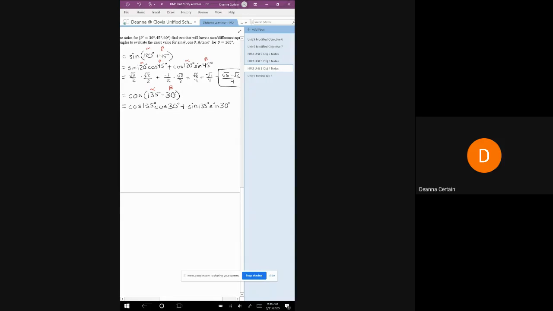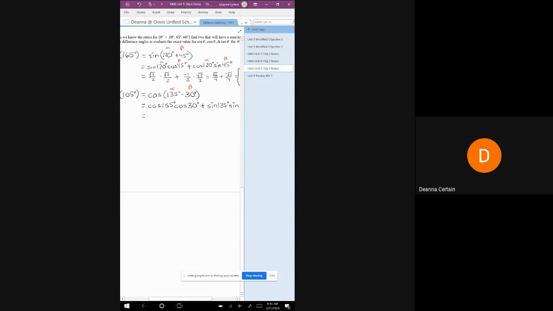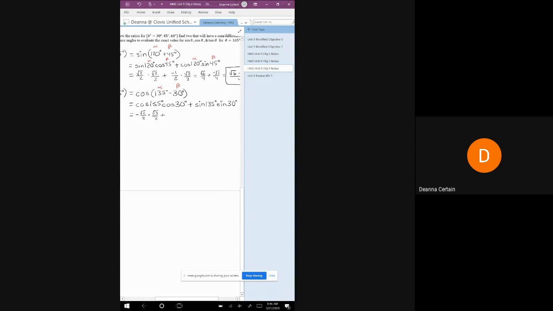Okay, and so then simplifying this, cosine of 135 degrees, we're looking at the 45-degree angle in the second quadrant. Cosine is negative in the second quadrant, so this would be negative root 2 over 2. Cosine of 30, first quadrant, so everything's positive. We're looking at root 3 over 2. Sine of 135 degrees, back to the 45-degree angle in the second quadrant.